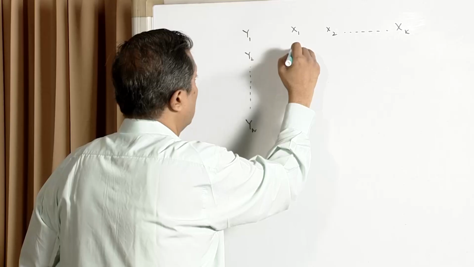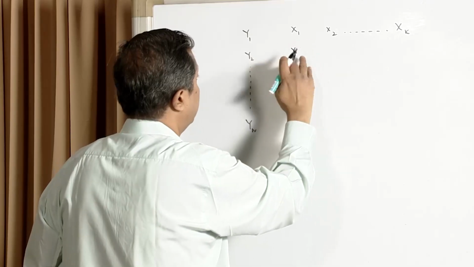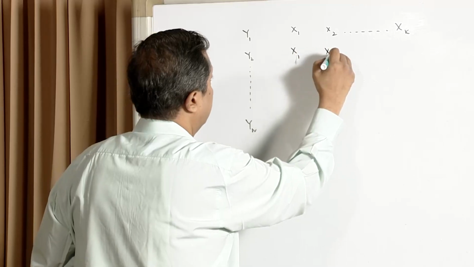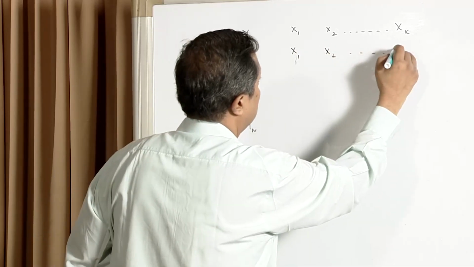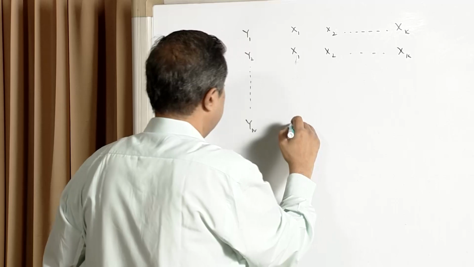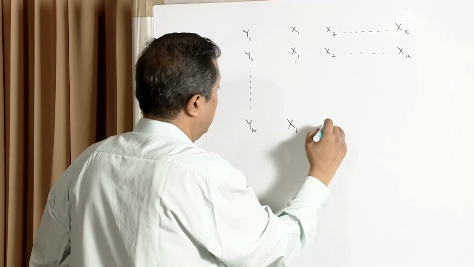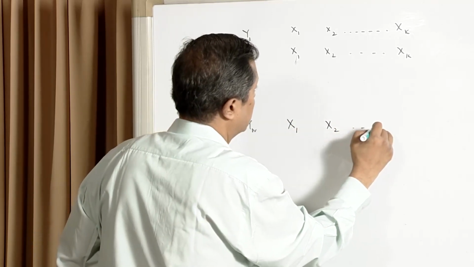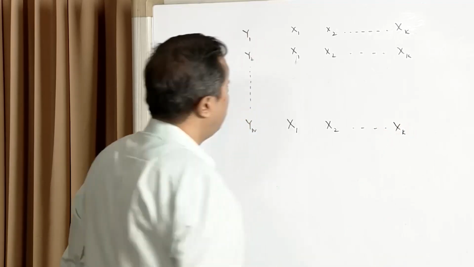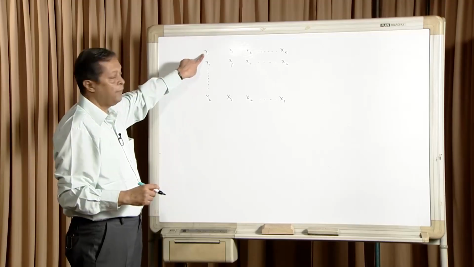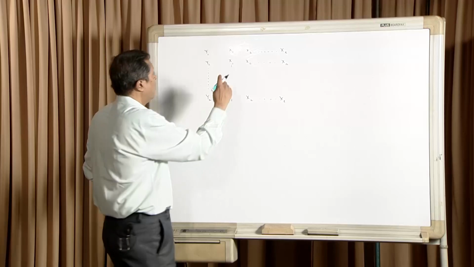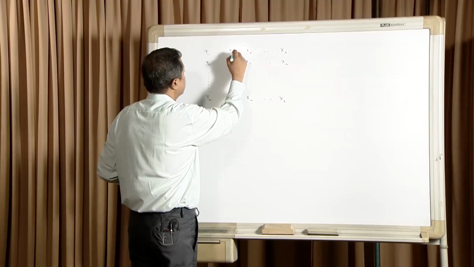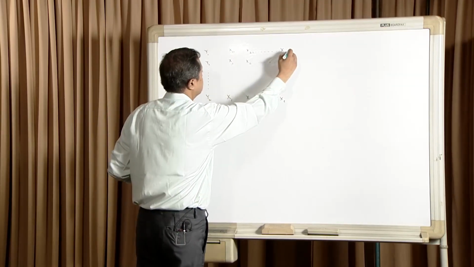Similarly, y2 is also explained with the help of x1, x2 through xk, and finally yn also explained with the help of x1, x2 through xk. But this being the first observation, we will also have to put in the subscript 1.